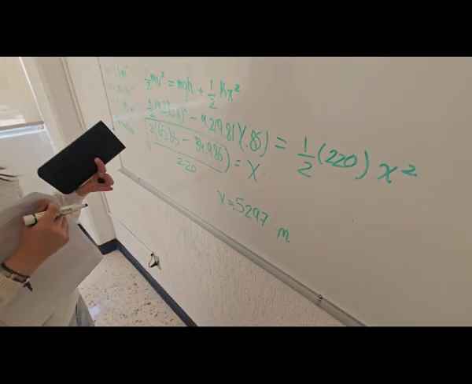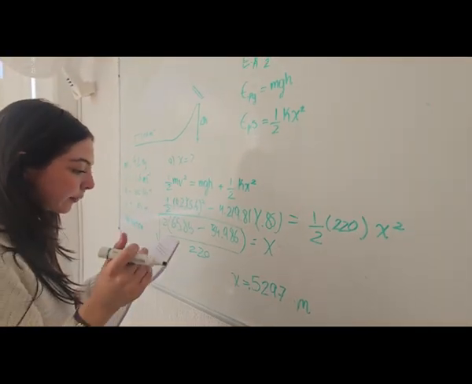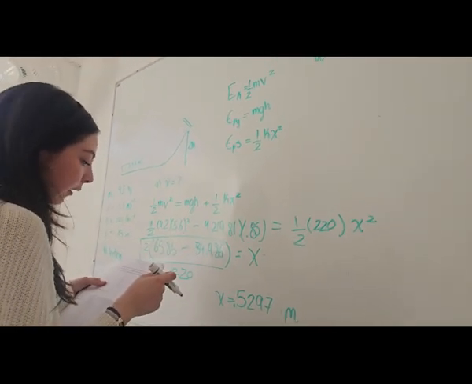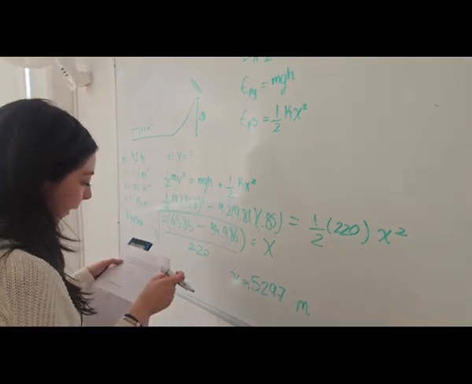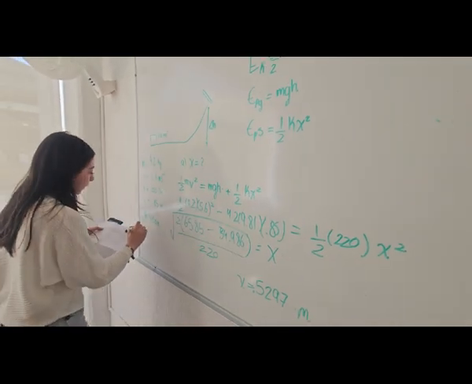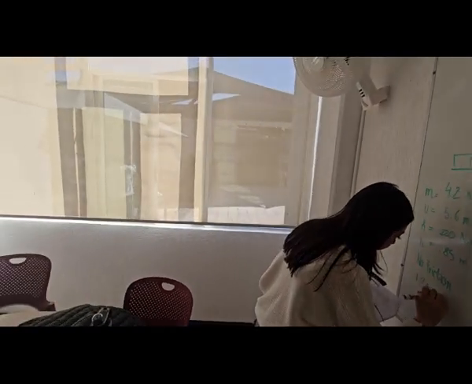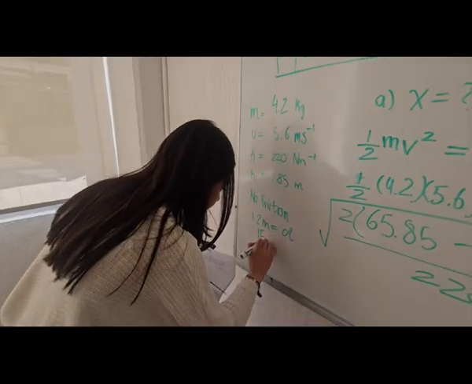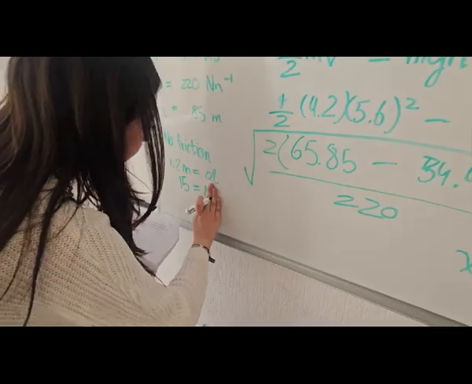Now for point B, it asks to repeat the previous example, but now there's a constant frictional force opposing the motion along the uphill part of the path. So the length of the path is equal to 1.2 meters, and the force equals 15.